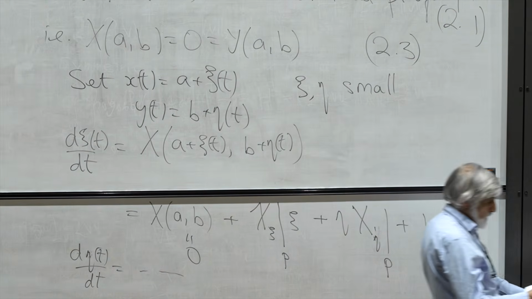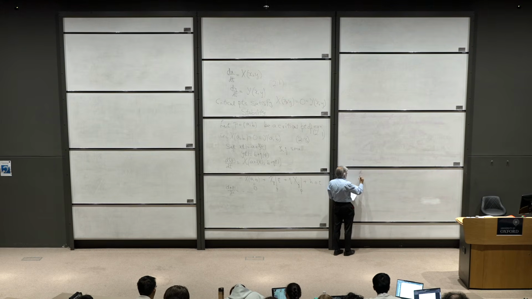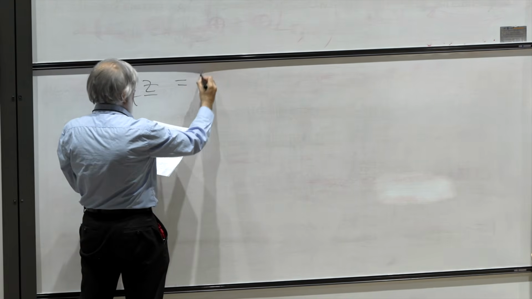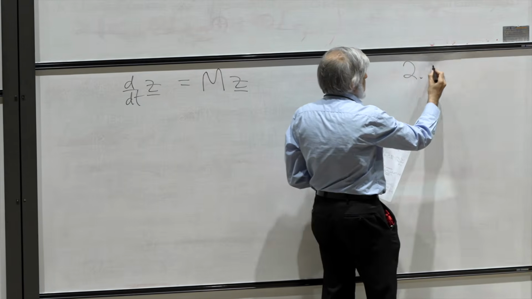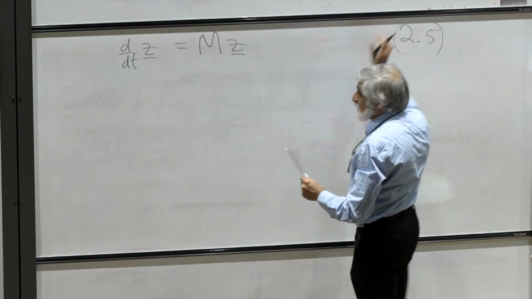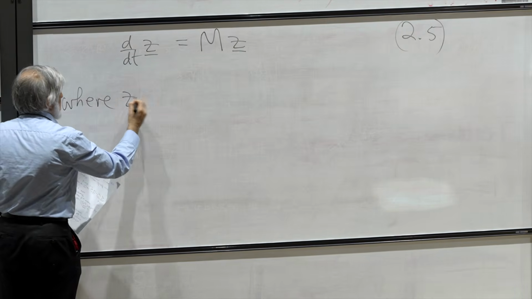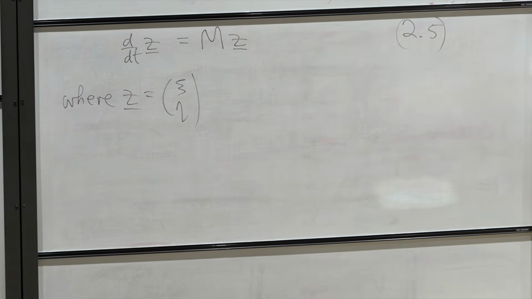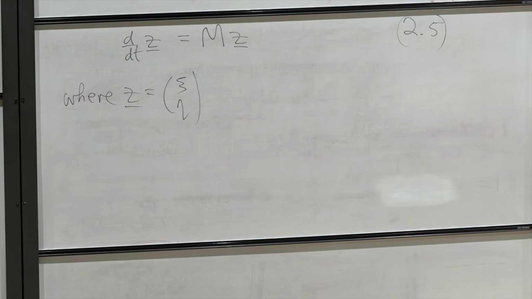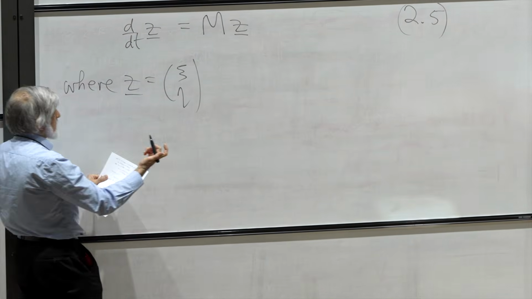And so now we can write this in a form like this: d by dt of z is equal to M times z, where z is (xi, eta), and I've been a bit lazy here by not putting in the function of t, but we know that there's a t there.